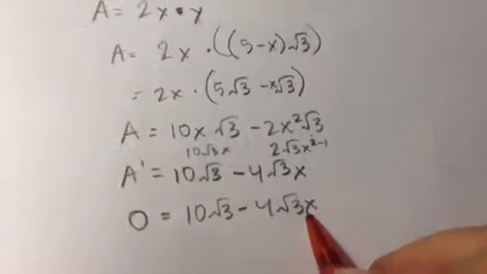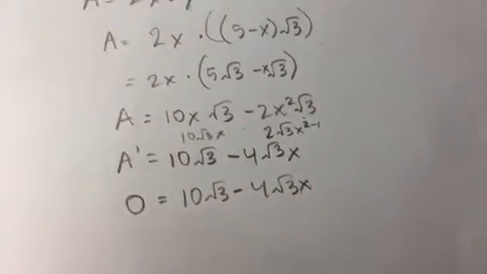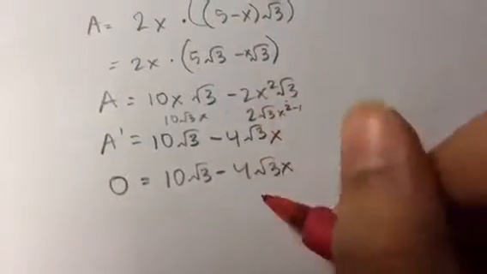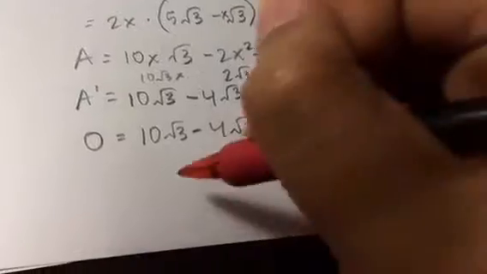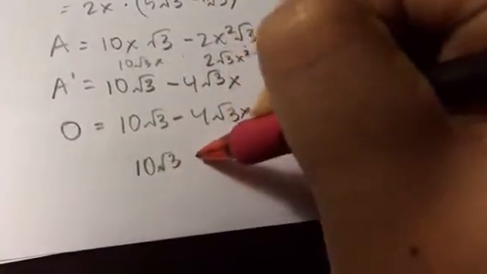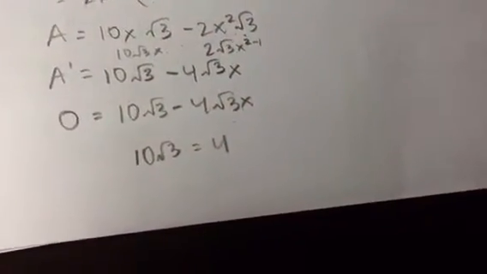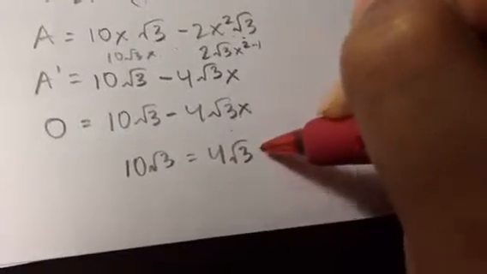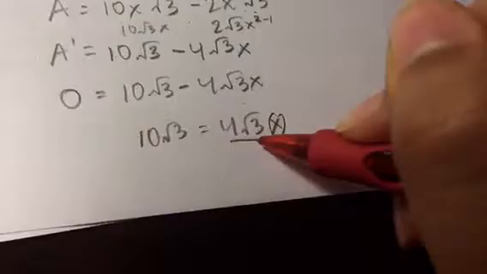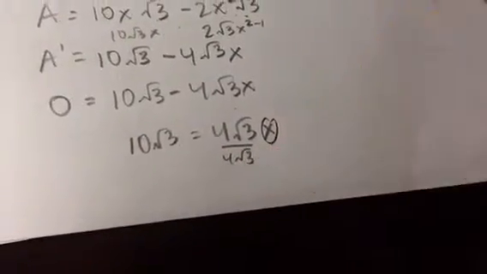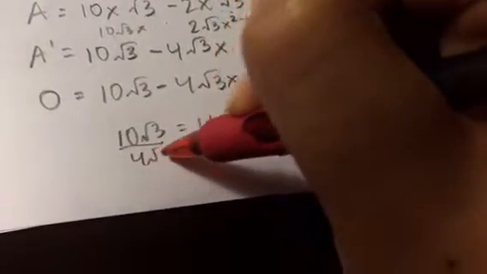for x. So to solve for x, you can add this 4 rad 3x to the other side. So we'll get 10 rad 3 equals 4 rad 3x. And then to isolate the x, you divide this over, and you divide this over.